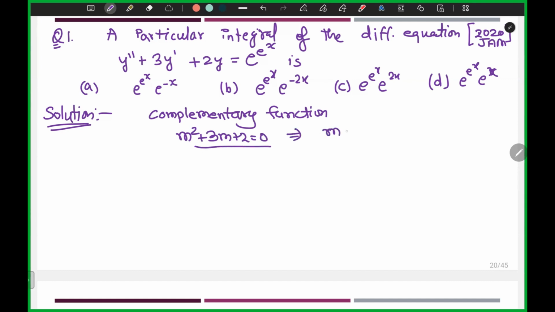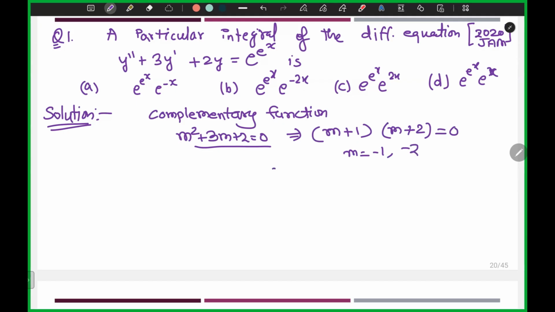What will be the roots? m plus 1 and m plus 2 equals 0, so m equals minus 1 and minus 2.